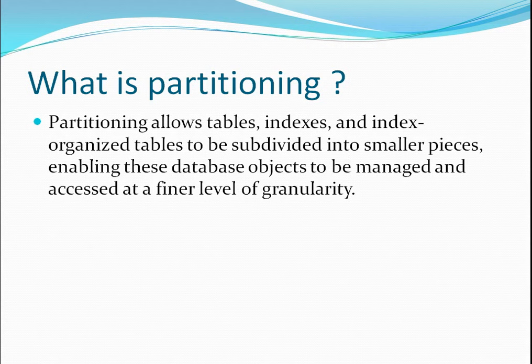And that's what it says, that we can subdivide our data into smaller pieces and these database objects can be managed and accessed at a finer level of granularity. So in our first table, we divided them on the basis of the region, and in the second case where we had to maintain rolling 3 years of data, we used partitioning on the column year.